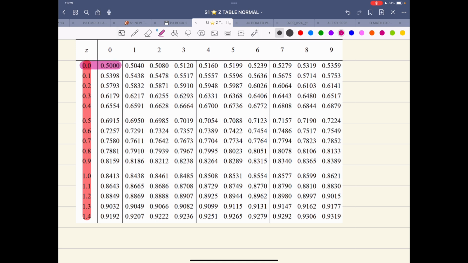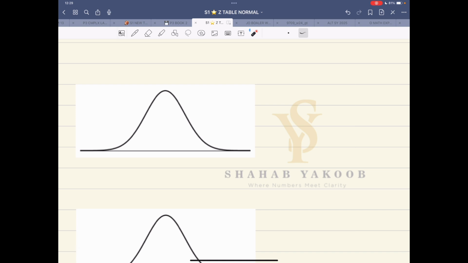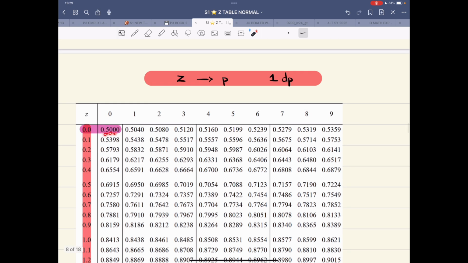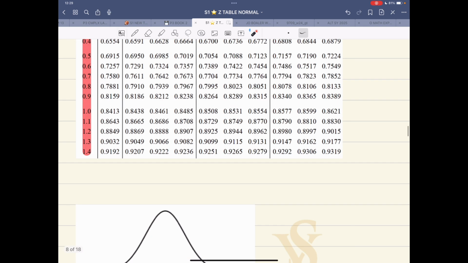So basically, this is 0.0 and then the 0, it's giving a value of 0.5, which makes sense. That means if this is the vertical line, this is 0.0, left of this value is 0.5000, double check, 0.5000, which is the same thing as 50%, which we already know.